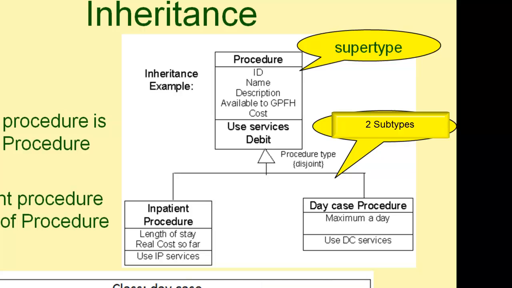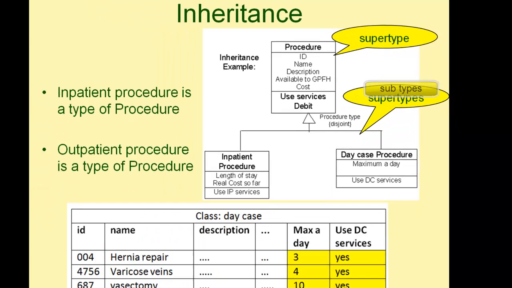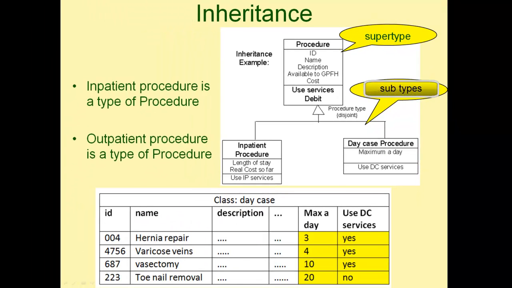How this works is that the inpatient procedure inherits everything from the supertype, superclass. Similarly, the day case procedure inherits everything from the supertype. So down at the bottom I've given you 4 examples of a day case procedure, and I've highlighted in yellow the additional attribute and method that it has of its own, but it has also inherited all those other attributes and methods from the procedure superclass as well.